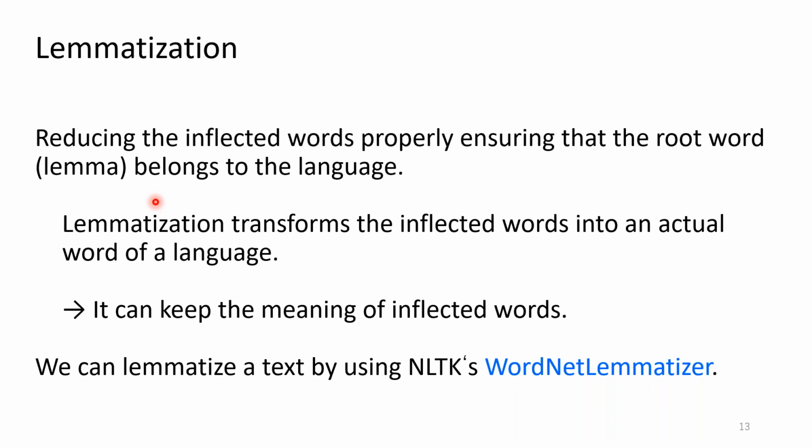Since lemmatization is more complicated than stemming, it requires a lot more knowledge about the structure of a language. However, fortunately, if we are dealing with English text data, we can use lemmatization easily by using the NLTK library's WordNet Lemmatizer.